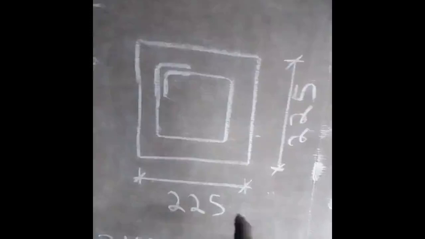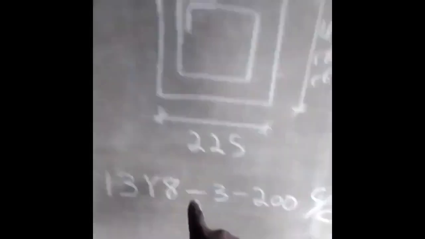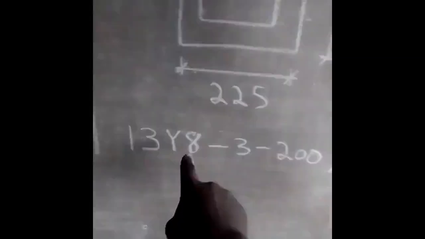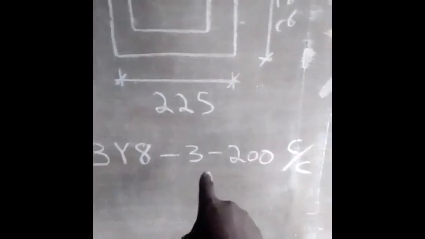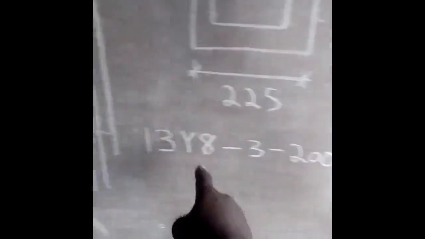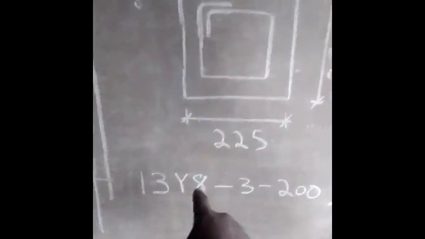They say 225, which is approximately 9 inches. And from here, ground floor to first floor, it is 13Y8, with a hyphen and a number, 200. What this means is 13 stirrups of 8 mm.